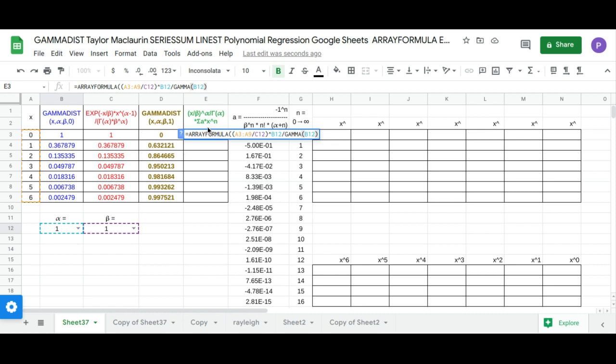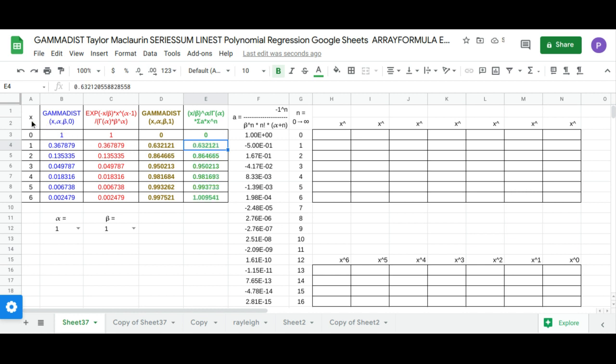Now that we have that expression, we multiply this quantity to the series sum. Series sum of the x values raised to the power n. Our n starts from 0, incremented by 1. That's x to the n, times the coefficients. The coefficient a will be this range. And enter.